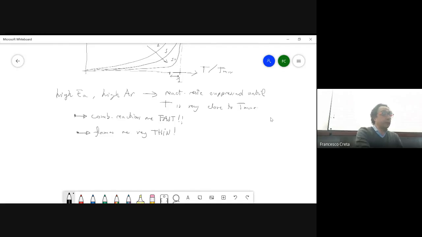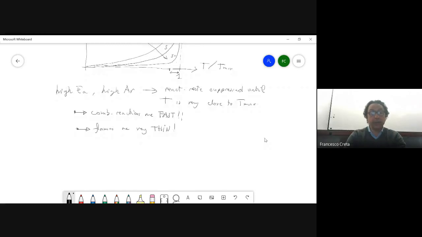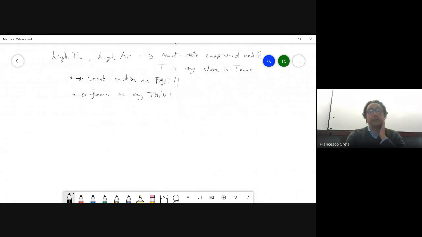Now, let's see if we can understand this graphically. I talked about combustion reactions being fast, so there is a concept of time and time evolution, or flames being very thin, so there is a concept of spatial evolution, evolution in space.